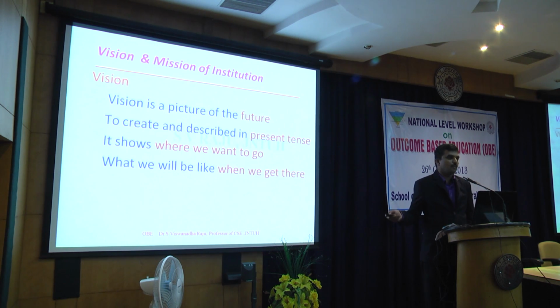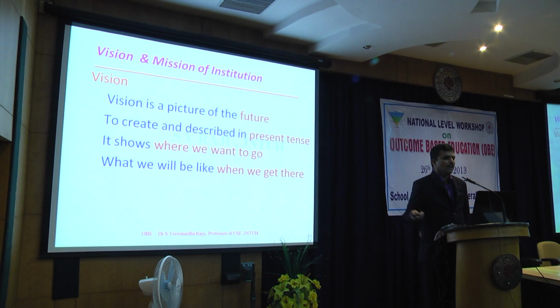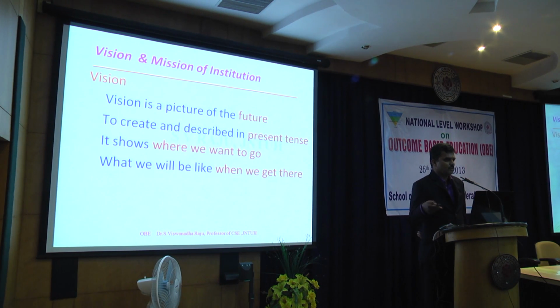You can add more components, not restricted to these, because everyone has their own vision. They can frame it by their resources also. If I don't have such resources, how do I frame it? With the available resources I should frame the vision, otherwise it could be difficult to sustain and improve also.